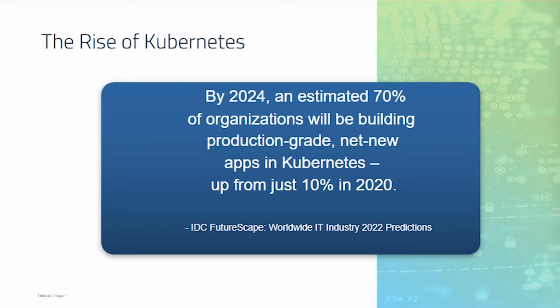So clearly, Kubernetes is a fast-growing industry. A lot of companies are adopting Kubernetes into their infrastructure, and with new production-grade applications on those Kubernetes clusters, a very important component is making sure that the data and those applications themselves are protected in case anything were to happen to the cluster or the application itself.